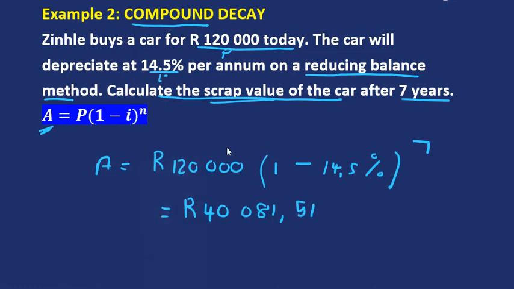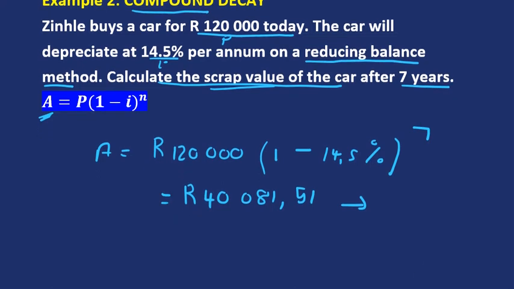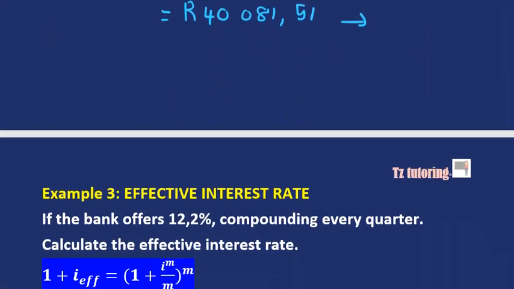So that is the scrap value or the value of the machine at the end of 7 years. It's also the value for which you could sell, or Zinhle could sell this car, 40,081 rands and 51 cents.